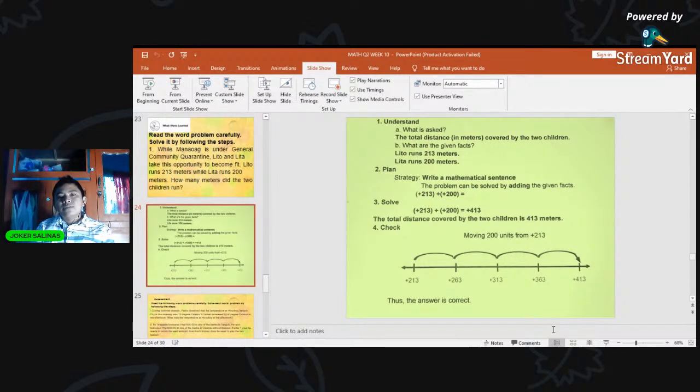The mathematical sentence there is positive 213 plus positive 200 is equal to n. To solve that, 213 plus 200, you will get positive 413. So the total distance covered by the two children is 413 meters. To check, you're going to use a number line like that. Okay. As you can see, we have a number line there.